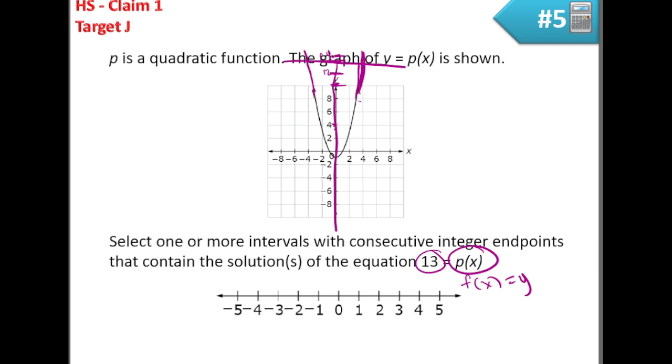and which regions will y equals 13 reach? So at what x value will it be here?